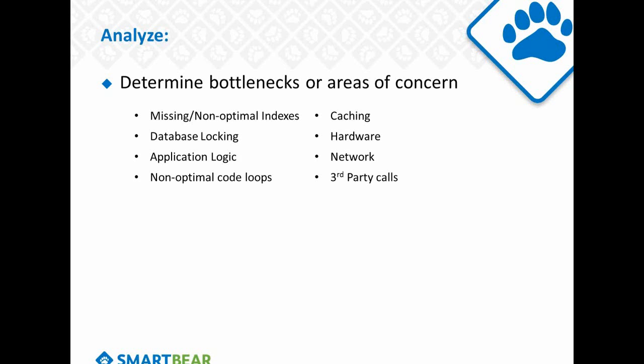Non-optimal code loops, it's very easy for developers to write code that does things in a brute force sort of way, and the paradigm that's being used for a particular loop or section of code might not be as optimized as possible. So you want to be able to find these things and get them corrected.